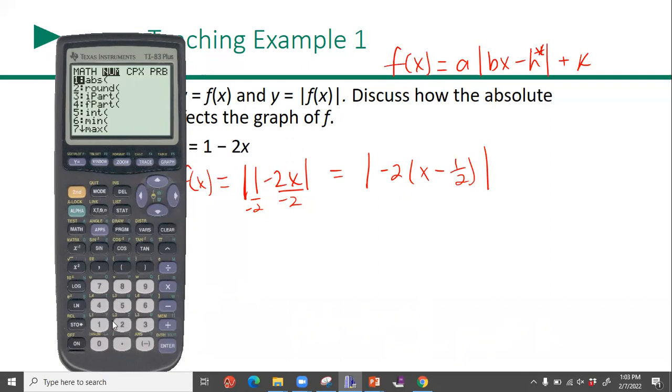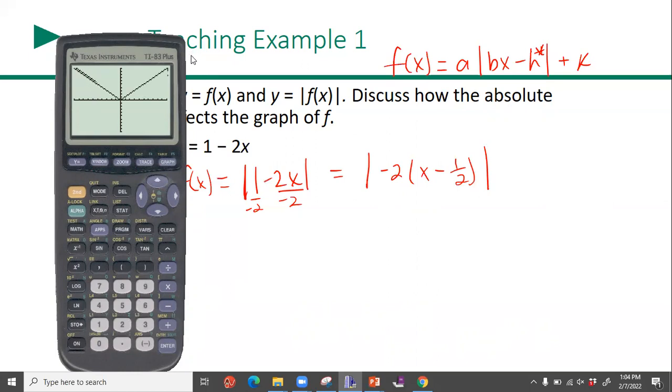So I'm going to put in the parent function, which is just absolute value of x. And I'm going to put in this transformation of the function. I'm going to do it in 2 parts. So first I'm going to just put it in with the x minus 1/2. So absolute value, x minus 1/2. I'm going to hit graph.